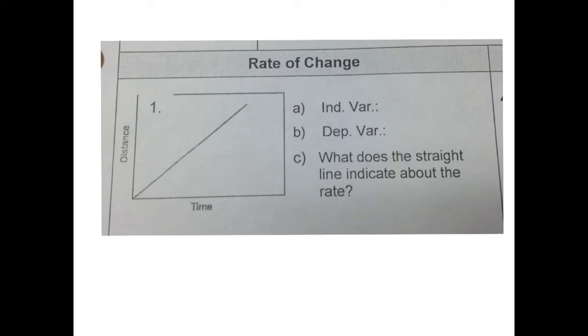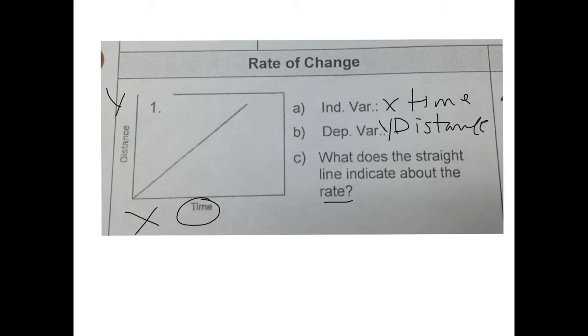Alright, rate of change. On this first graph we have time versus distance. So our independent variable is our x, which is time, because this is always x and this is always y. So this is our time, and this is our y, which is distance. What does the straight line indicate about the rate?